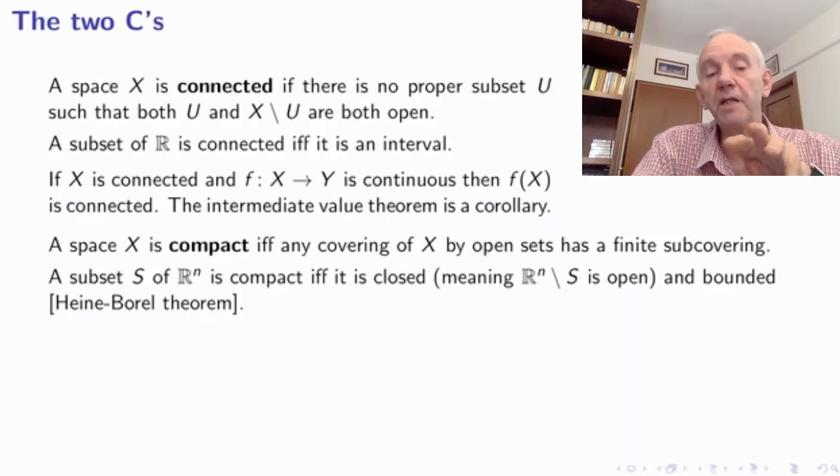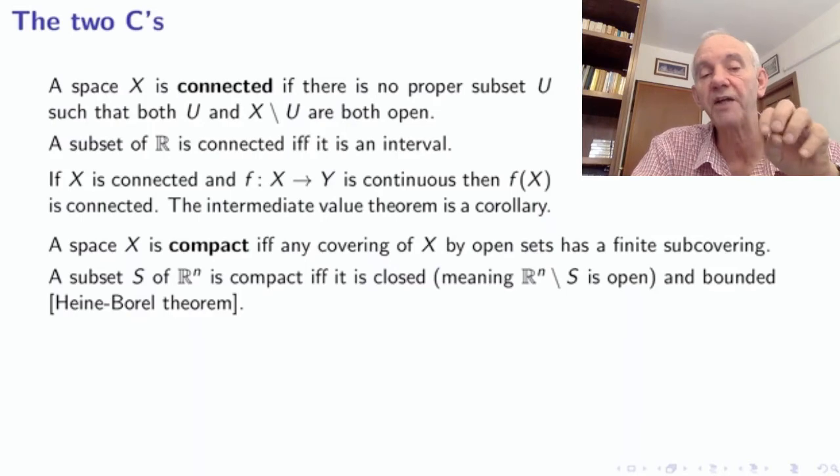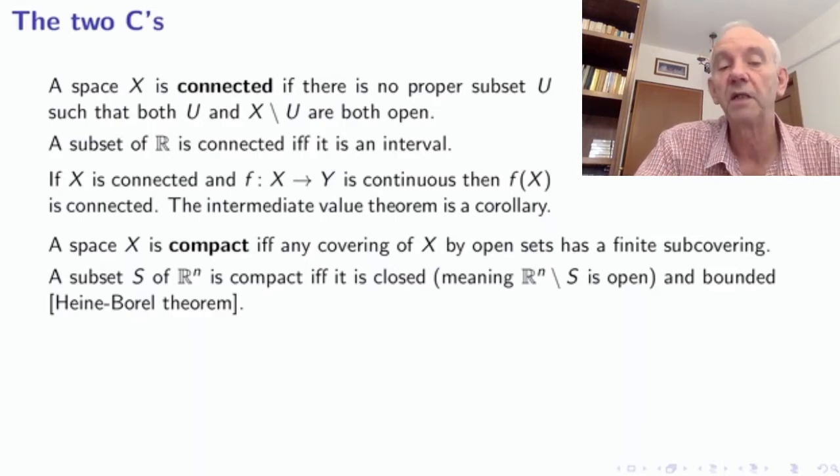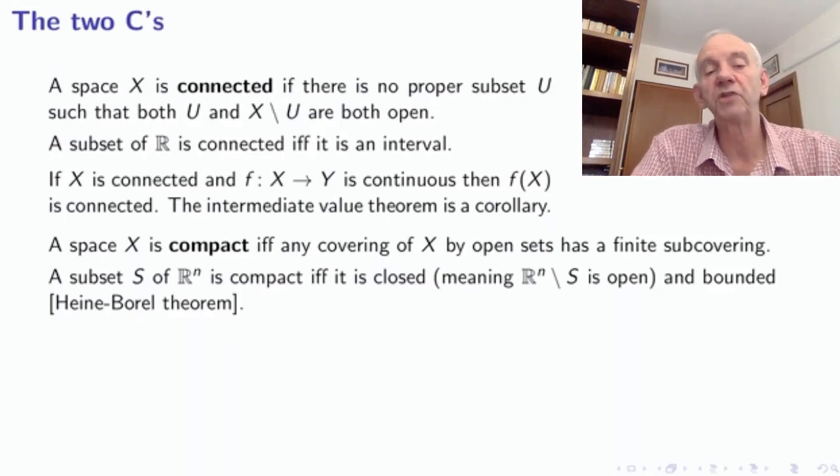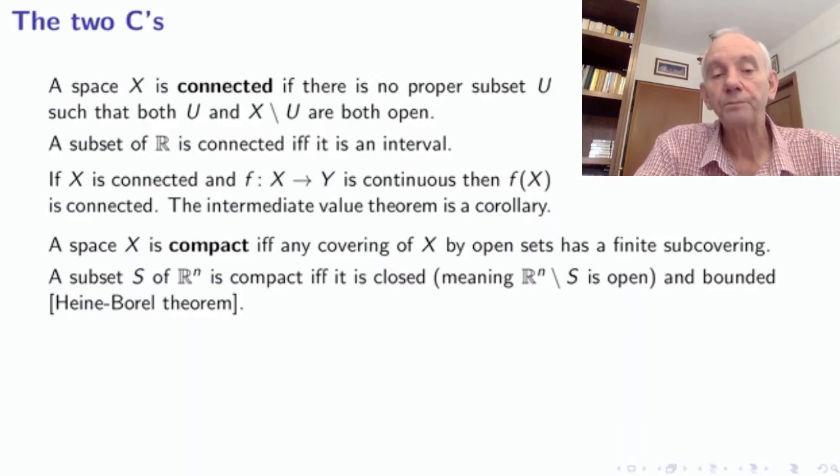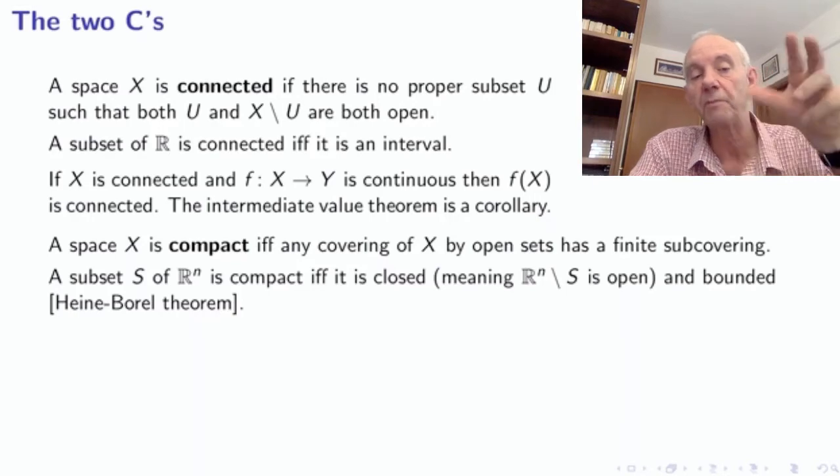Or if F is any map from X to Y, and we take a subset S of X which is connected, then the image of that subset has to be connected. And if you take X and Y to be subsets of the real line, you can use this to prove the famous intermediate value theorem. If you have a continuous function, it can't skip values.